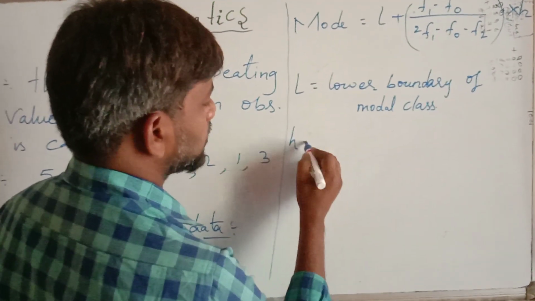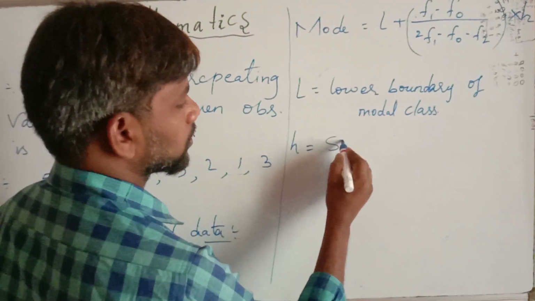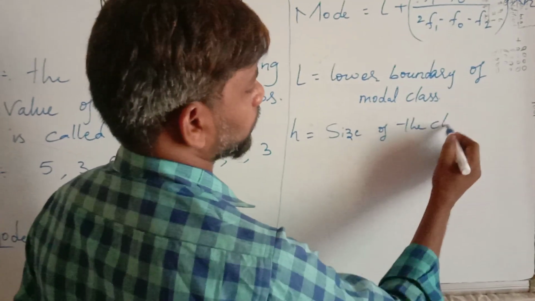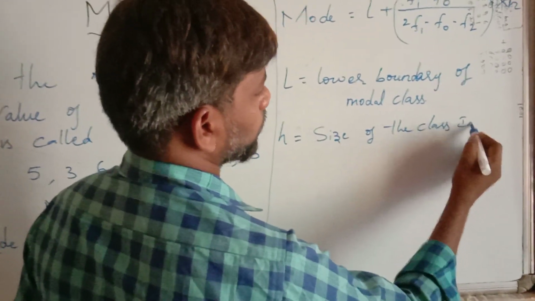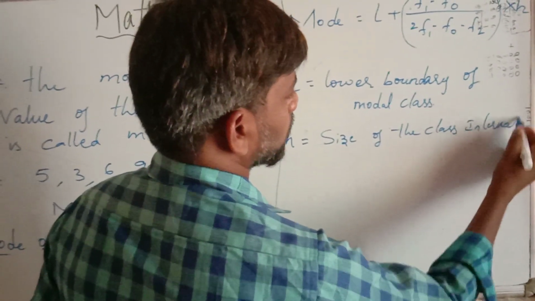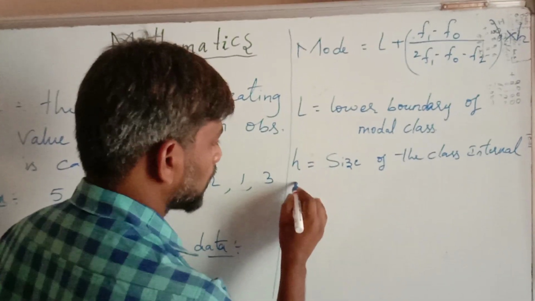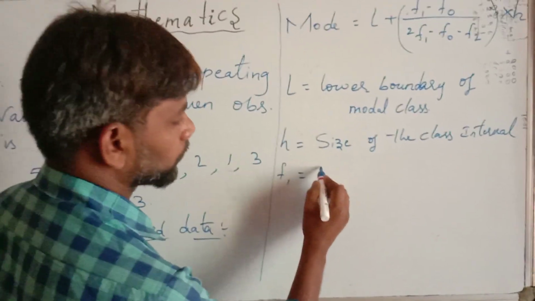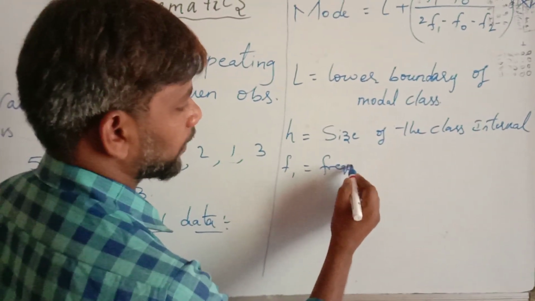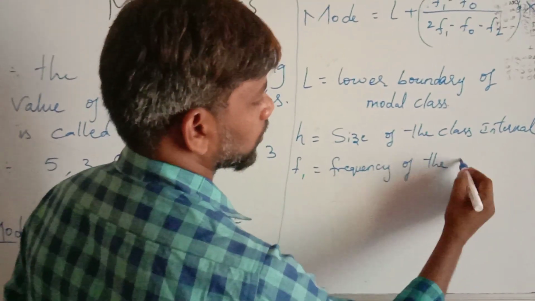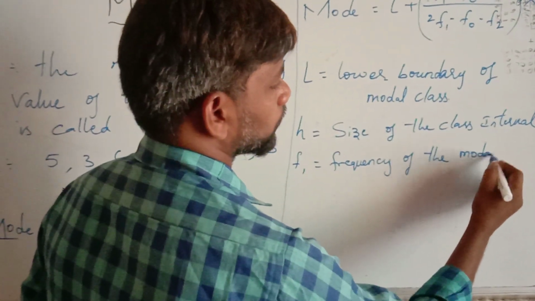And H is equal to the size of the class interval. And F1 is equal to the frequency of the modal class.